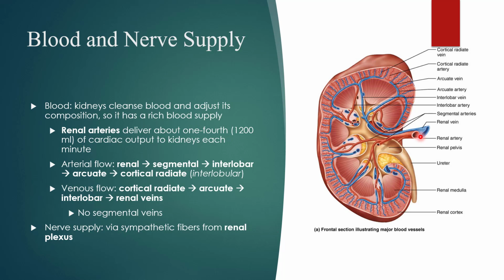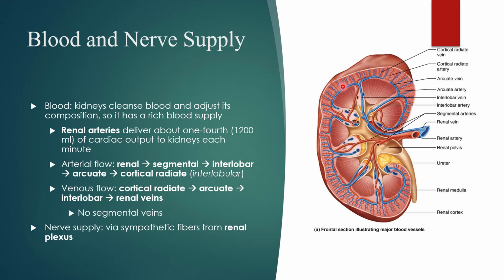The renal outflow starts from the renal artery, and the renal artery is right here. Then it goes into the segmental, then the interlobar, which is the one in between the lobes. Those run in between the pyramids, right into the renal columns. Then you have the arcuates.